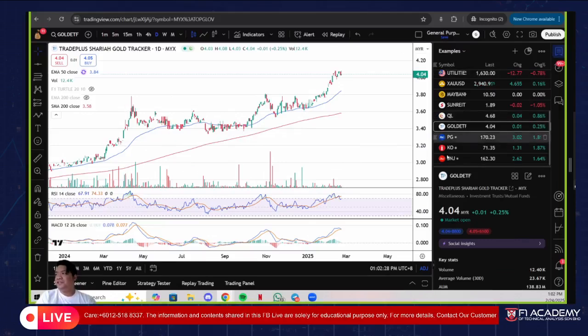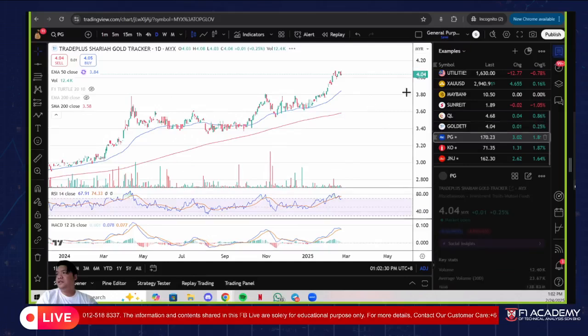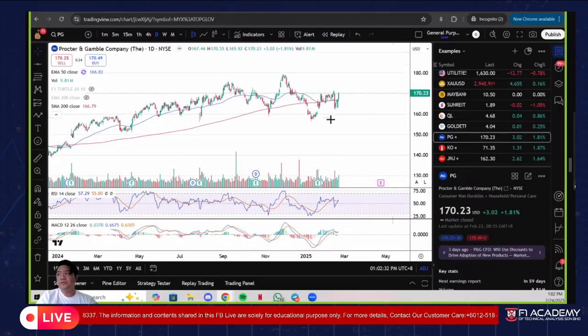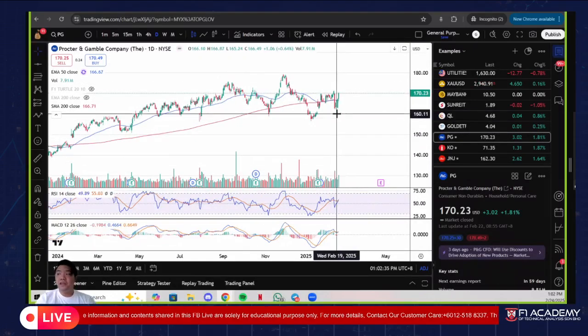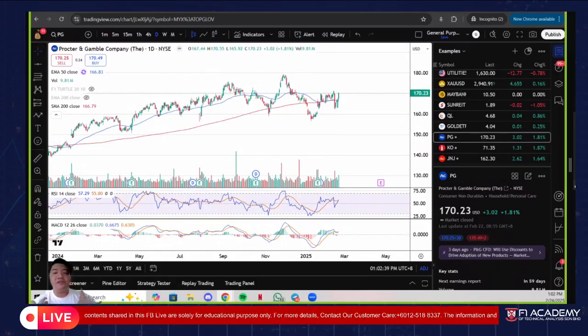I'll give you three solid ones here. Look at that, Procter and Gamble. It's a US stock. They are consumer products. Let me give you an example: Gillette, Downy, Tide, Ambipur, Febreze, Vicks, Pampers, Swiffer, and a lot more. This company makes them, right?